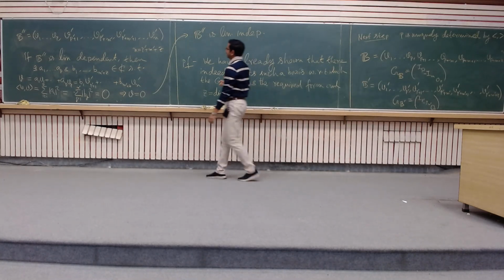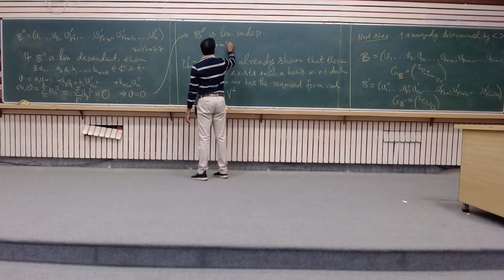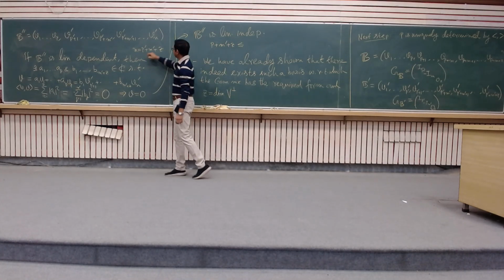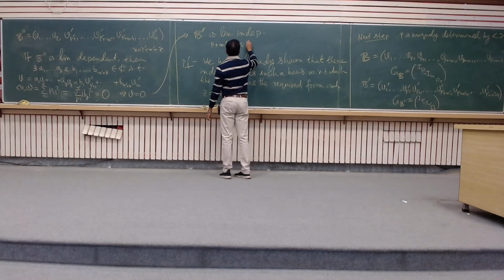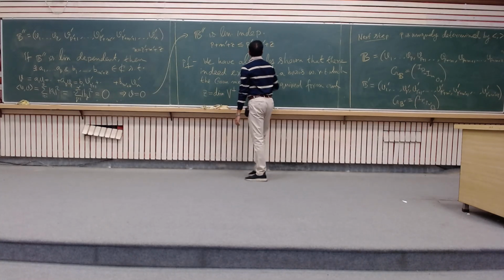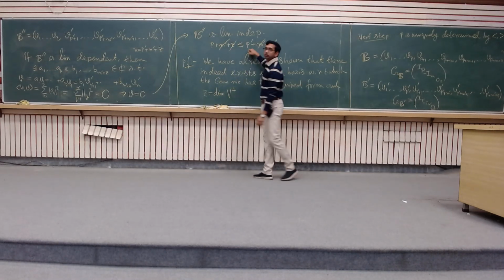Because if B dash is linearly independent, that would mean that p plus m dash plus z is less than or equal to n, and n was p dash plus m dash plus z. Of course, this gets cancelled, and you get p less than or equal to p dash.